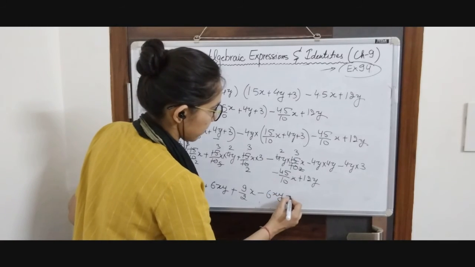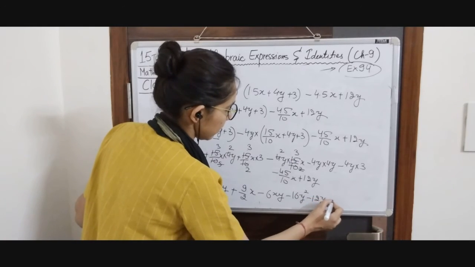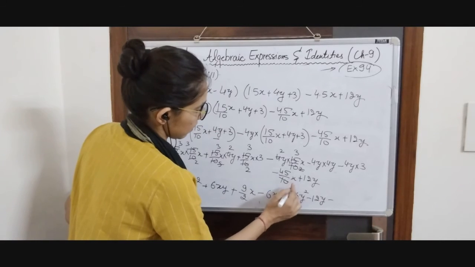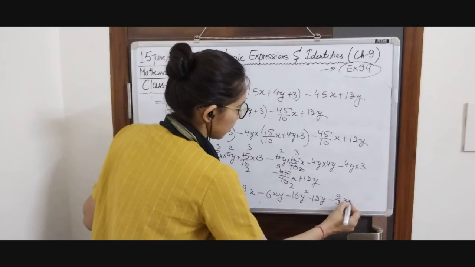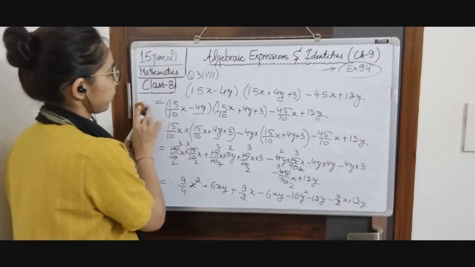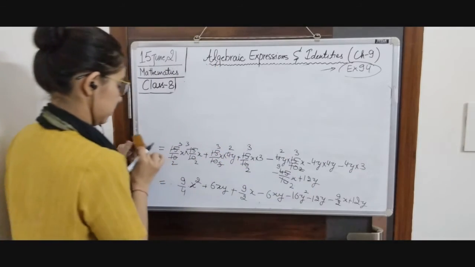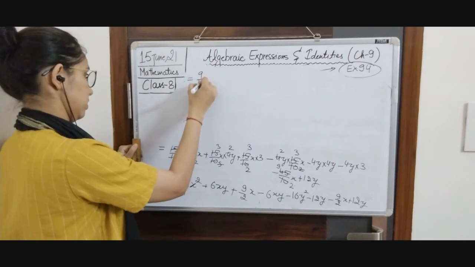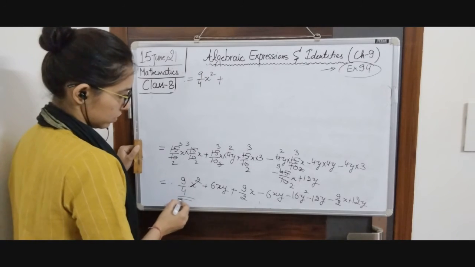6xy minus 16y square minus 12y, then 9y, 2x plus 12y. Now we are going to combine the like terms. X square like terms we don't have any, so we'll write it alone. Then this we have written.